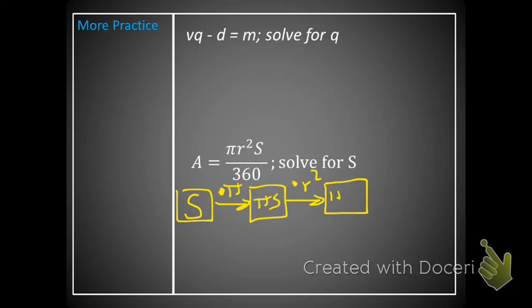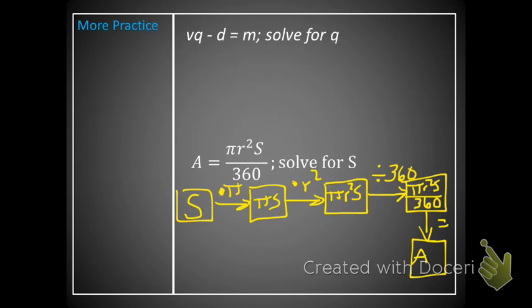That gives me pi r squared S. Now the last thing I do is divide by 360. That gives me pi r squared S over 360. Now again, all of that equals my answer of A.